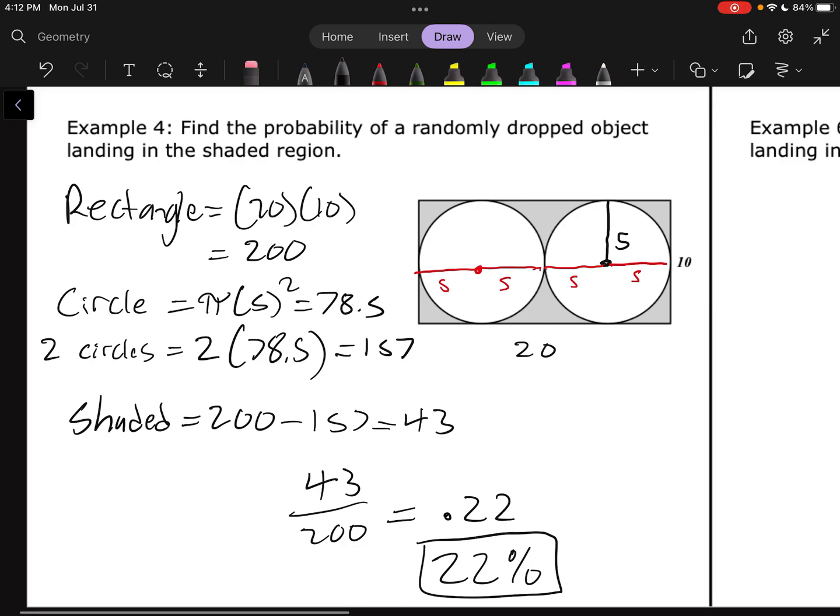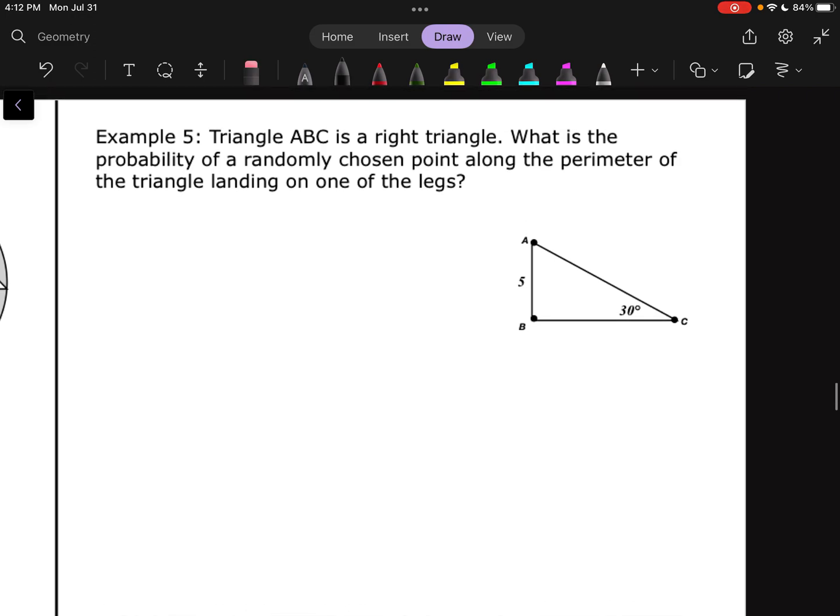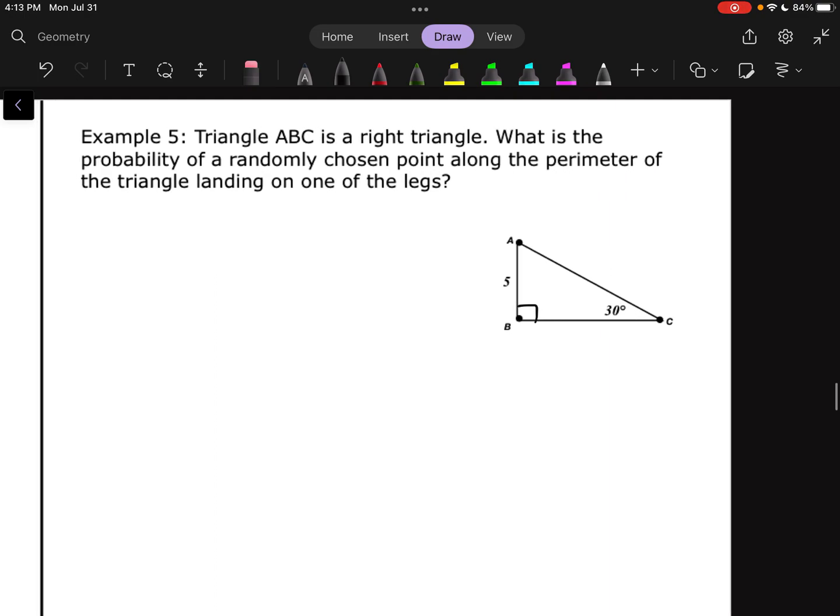Okay, what do we got next? So this one says triangle ABC is a right triangle. Okay. What is the probability of a randomly chosen point along the perimeter of the triangle landing on one of the legs? Okay, so this is a right triangle with a 30-degree angle, which means that it is a 30, 60, 90 triangle.